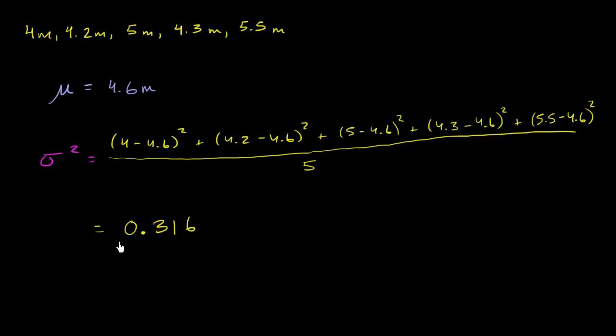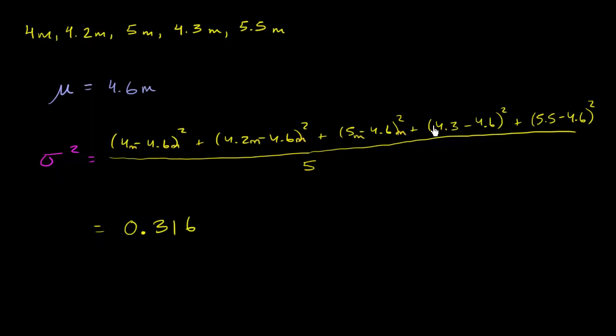Now, let me ask you a mildly interesting question. What would be the units for this population variance, since we happen to care about units in this video? Well, up here, this is 4 meters minus 4.6 meters, 4.2 meters minus 4.6 meters.